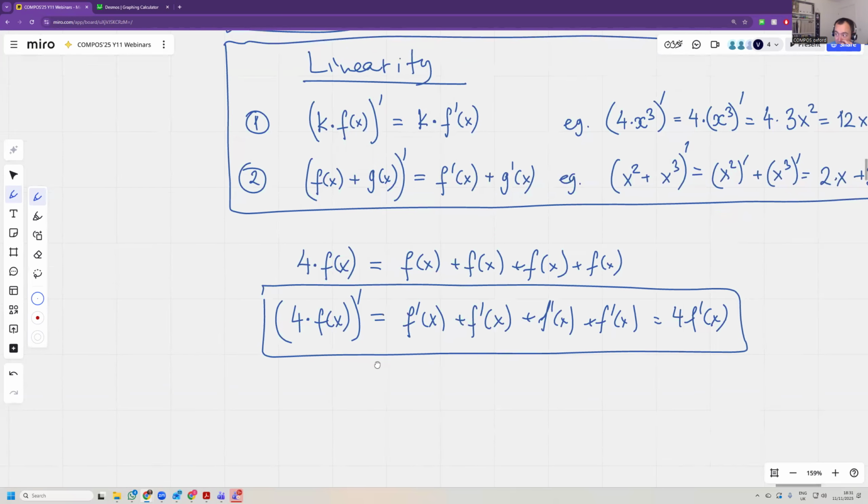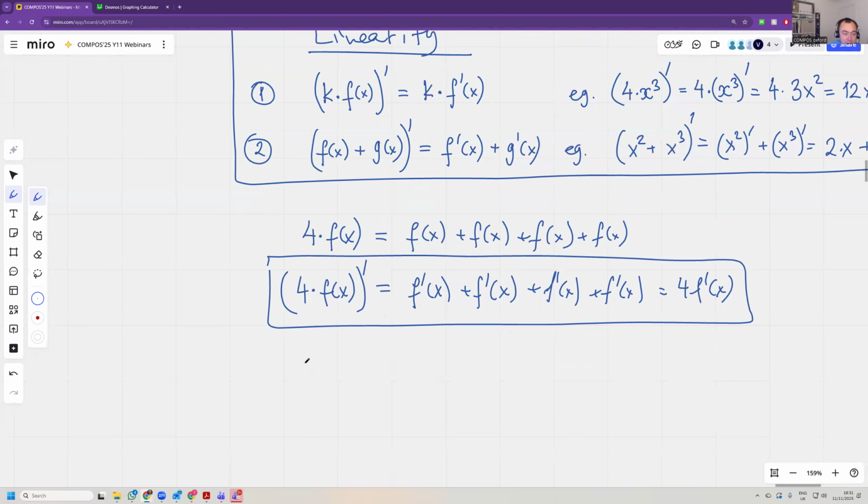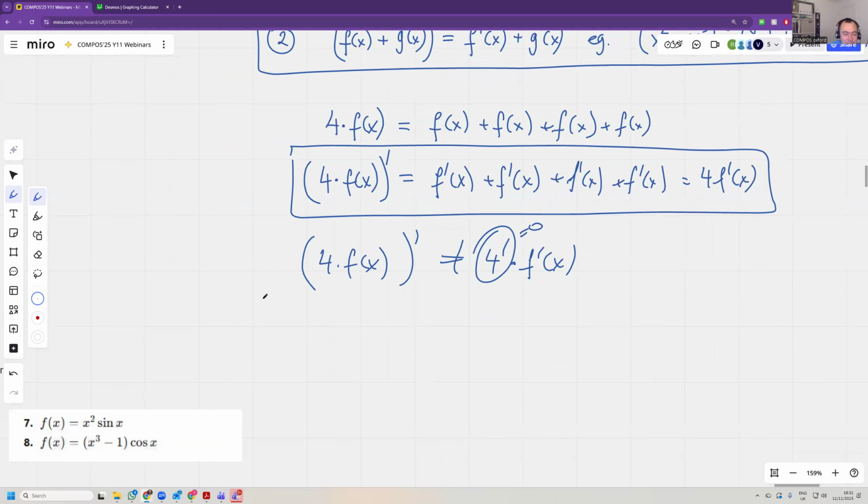Now, what you are asking is why 4 times f of x is not 4 dash of x times f dash of x. Well, first of all, 4 dash is 0, so then it doesn't make any sense. Secondly, if you have f of x multiplied by g of x, this is not linearity. Linearity does not work like that.